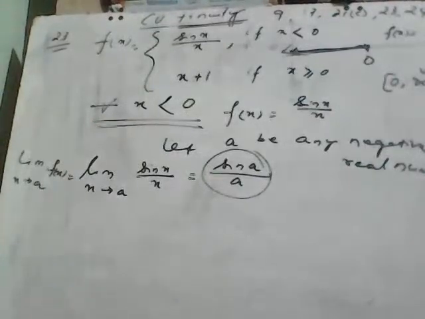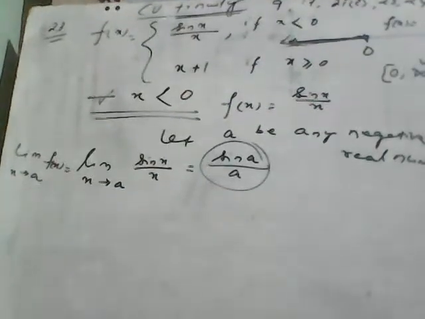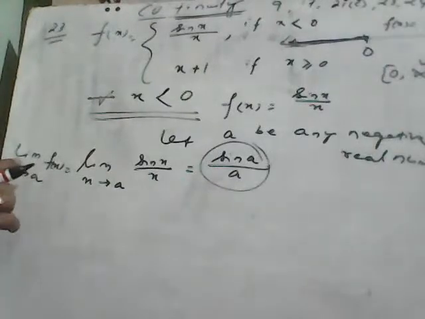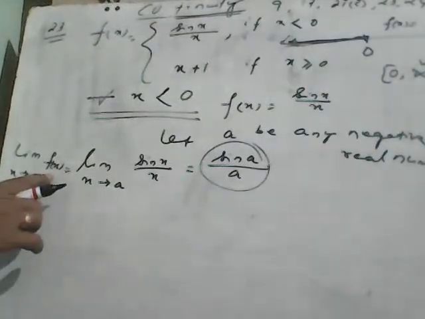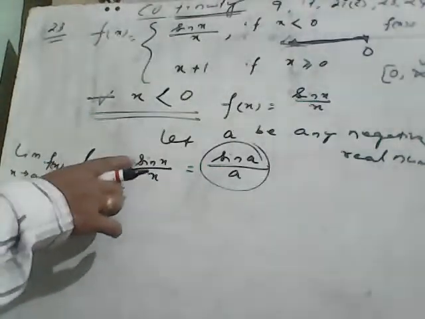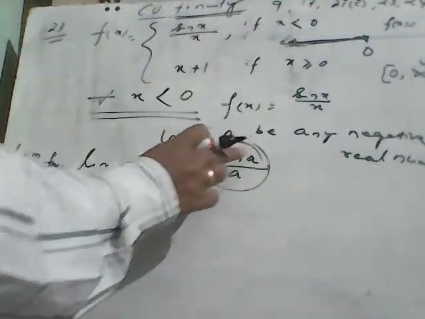At the time of writing, it may not be visible sometimes when I'm writing. Now see, limit x approaches a of f(x) equals limit x approaches a of sin x by x, which equals sin a by a.